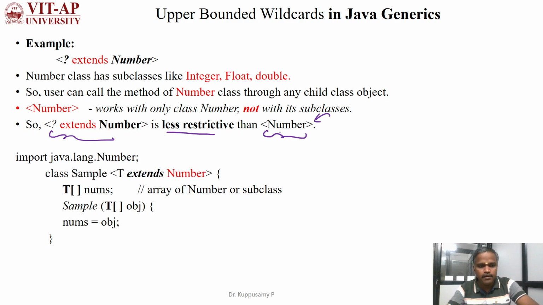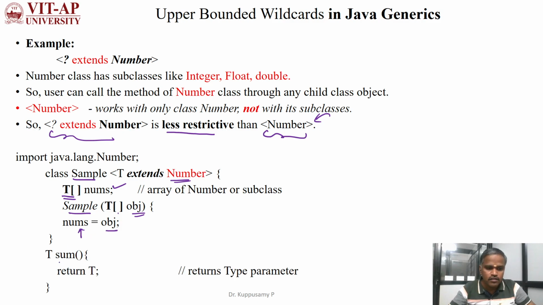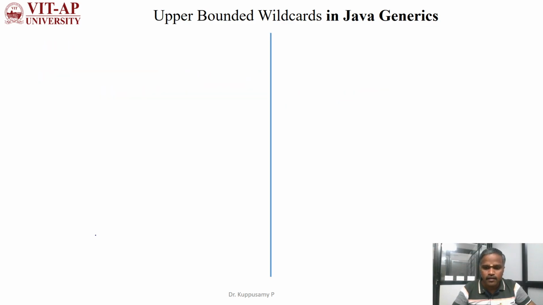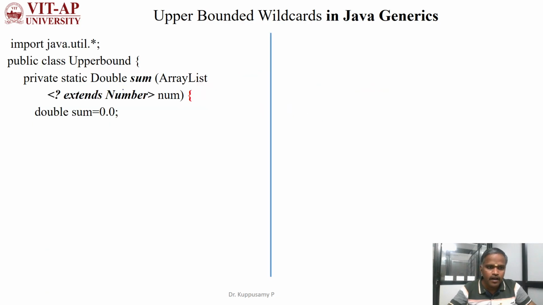Based upon this, an example is given. The class Sample is defined here, T is extending Number. Based upon the type variable we are defining nums here. Here I am using the constructor. T is the type variable, it will accept any object values. Here I am assigning to the nums variable. Here we are going to use the sum method, which just returns the data it receives. Here I am defining the upper bound class name.